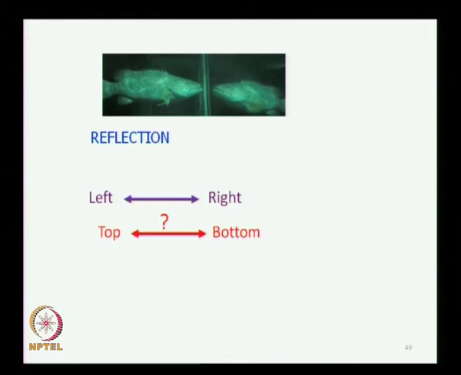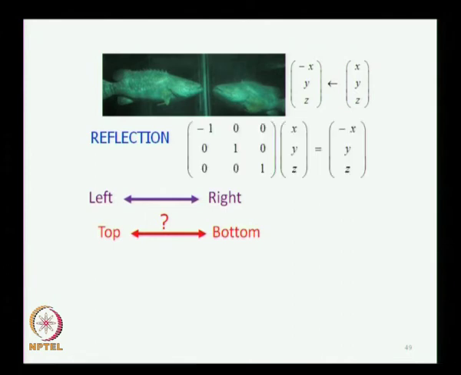The real reason is the following, that when right goes to left and left goes to right, you have got a vector xyz which goes to -xyz, for example, right, and the operation is described by a matrix whose determinant is -1. Okay, this is what happens in reflection. So this is an operator which is represented by a matrix whose determinant is -1, so it will not come in our consideration for rotations.